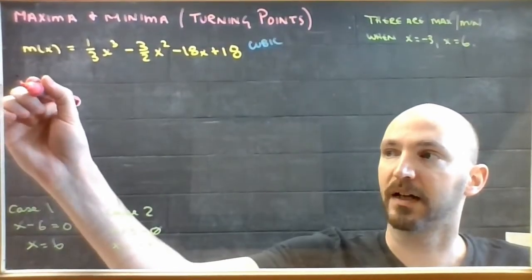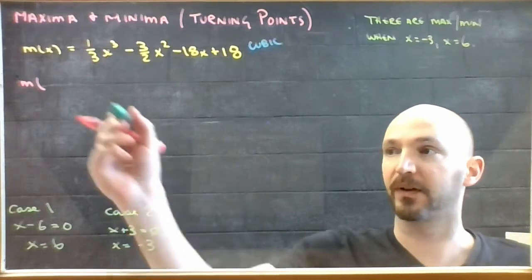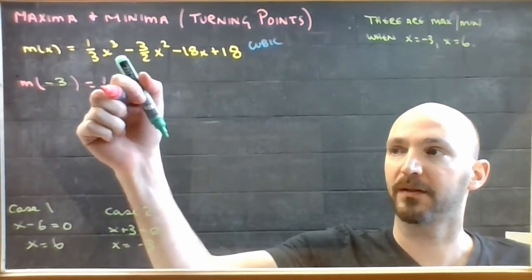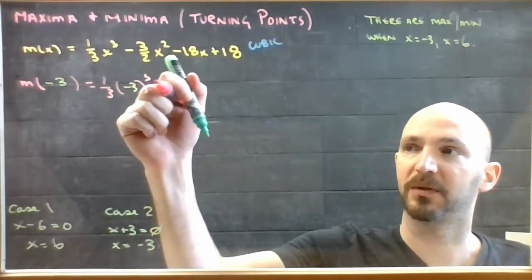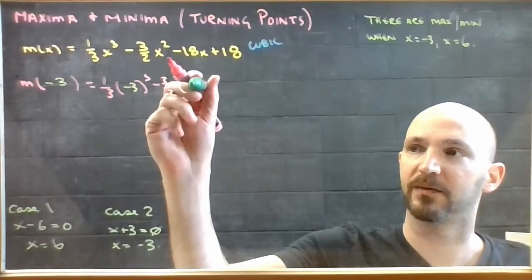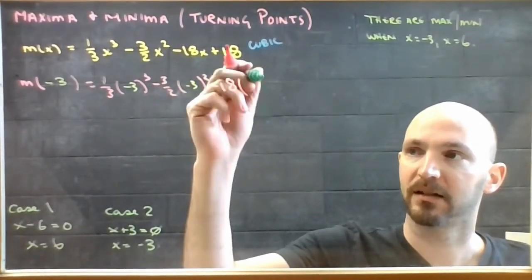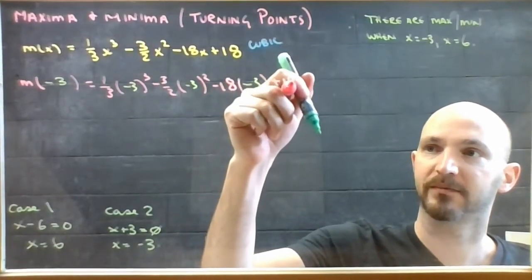Alright, so m at negative 3 would be 1/3 of negative 3 cubed minus 3/2 of negative 3 squared minus 18 times negative 3 plus 18.